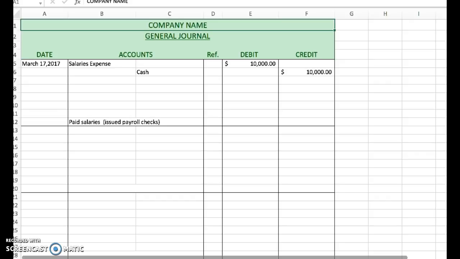This gets a bit complicated, and we can look at all kinds of different scenarios, but we're going to look at one generalized scenario here with a company that is paying their employees. Again, on the screen you see a very simple entry. March 17, salaries expense debited, cash credited. Now we're going to look at the same entry in a different way, because now the company is going to have to deduct taxes before they end up with net pay that the employee will get.